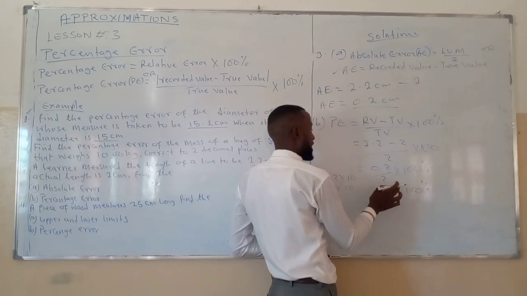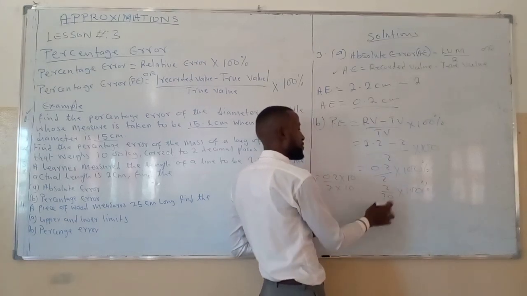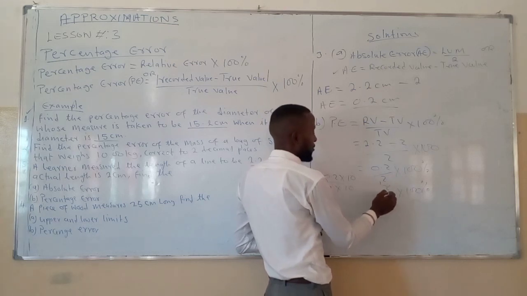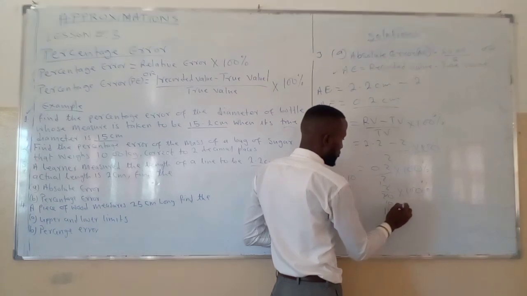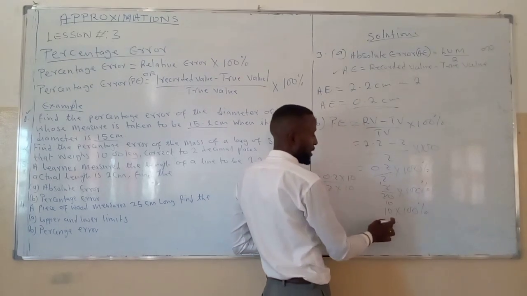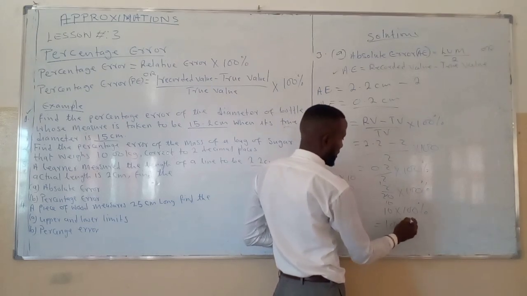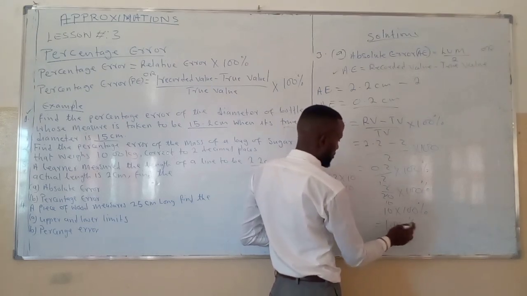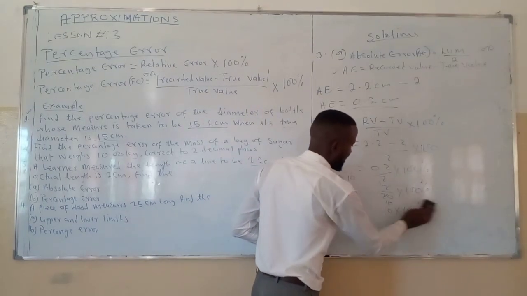I just have to multiply this times that, or divide this by that. We have 1 there, we have 10, so 10 times 100%. So my final answer will be 1000%. No, not 1000%, of course, it cannot be.